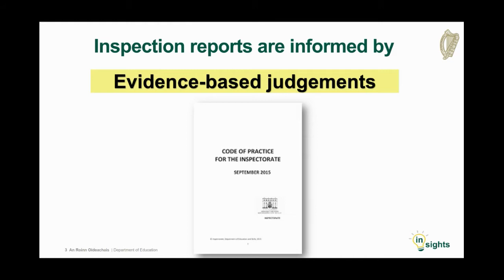Typically, at the end of an inspection visit, a post-inspection feedback meeting is held with the inspector. The owner, manager and practitioners are available, and where appropriate, members of the management board or committee. This meeting is a co-professional discussion. The reporting inspector will acknowledge and affirm the effective practice in your setting.